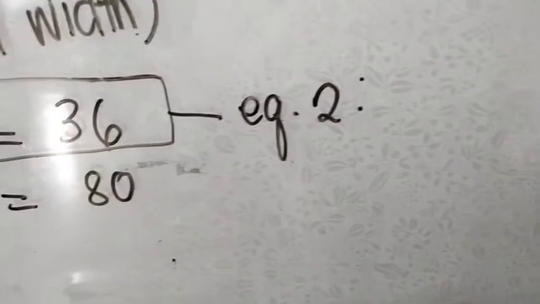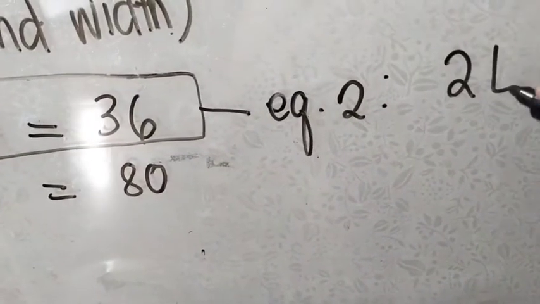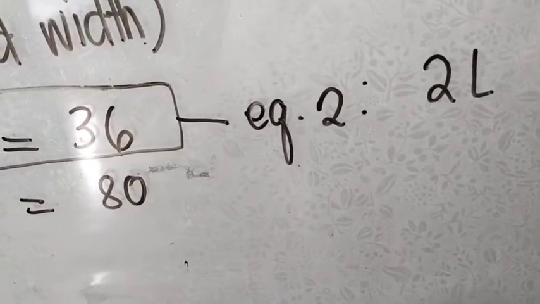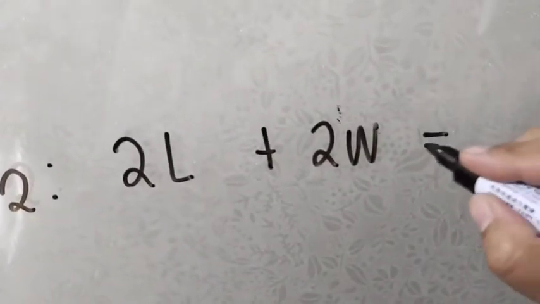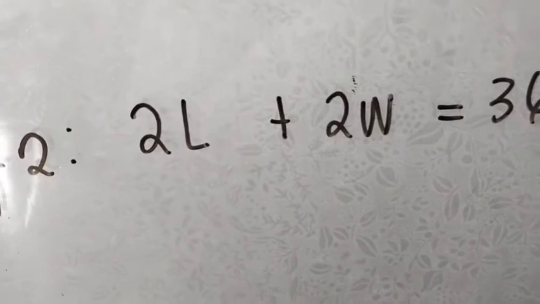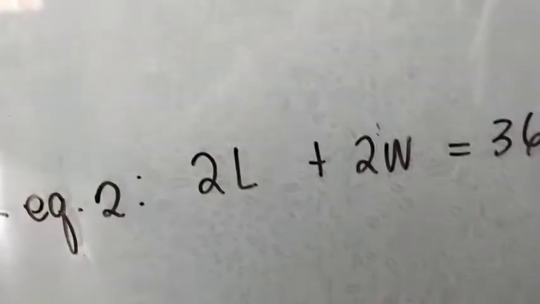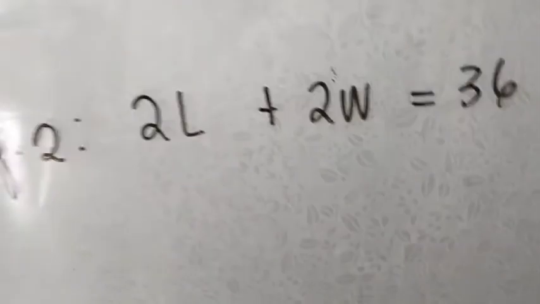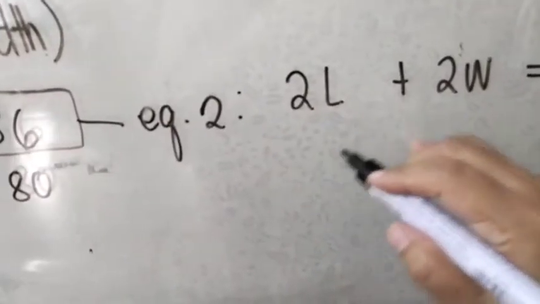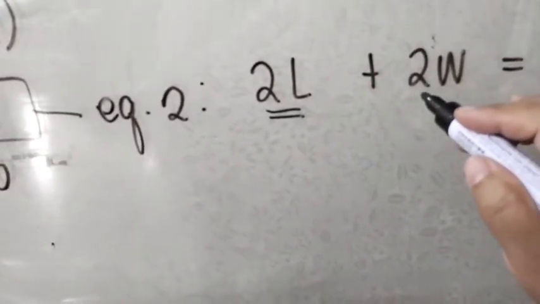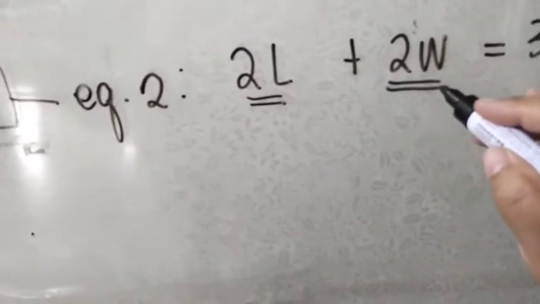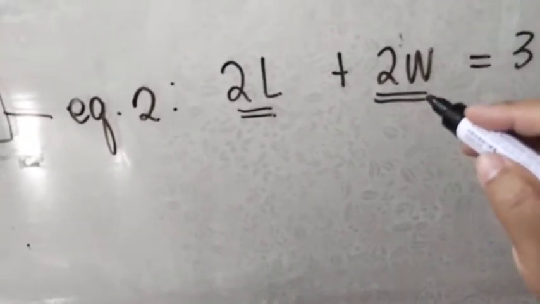So, equation number 2 will be 2L plus 2W equals 36. Then, let us apply the addition property of equality. Since ang hahanapin natin ay 2L, ang ating gagawing 0 ay 2W. How to make it 0?